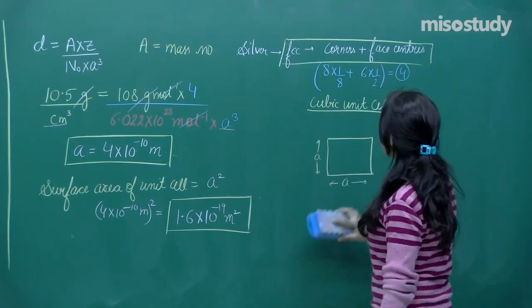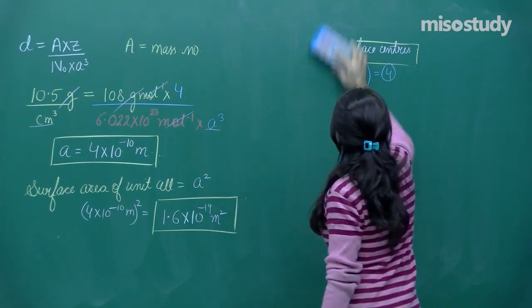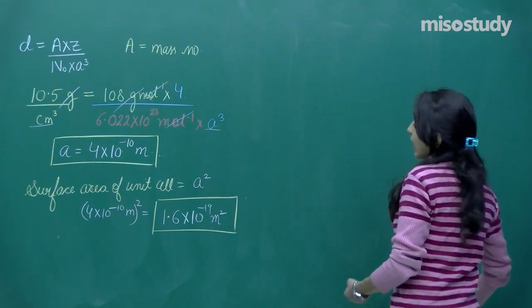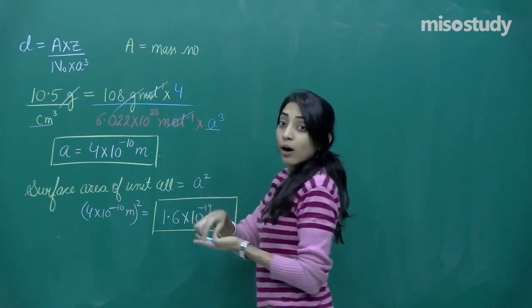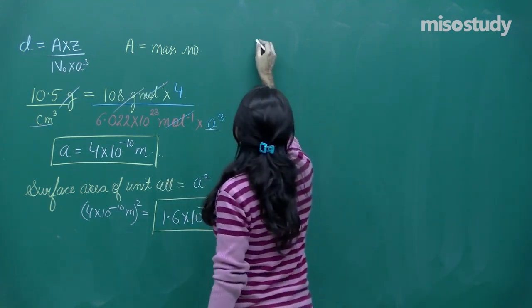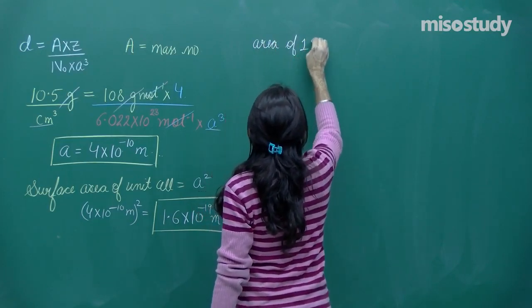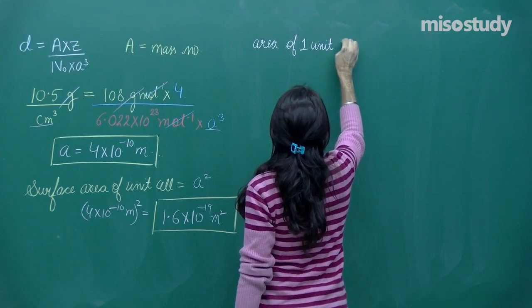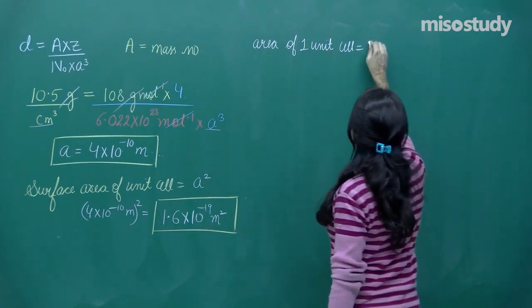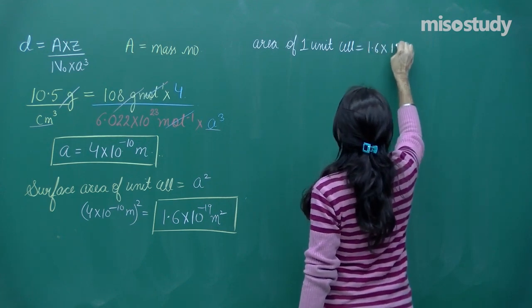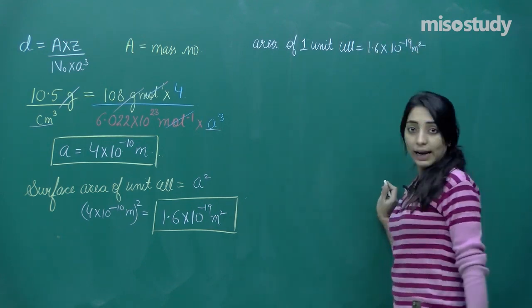Okay? Moving further, can I now say that the area of one unit cell is 1.6 into 10 raised to the power minus 19 meter square, right?